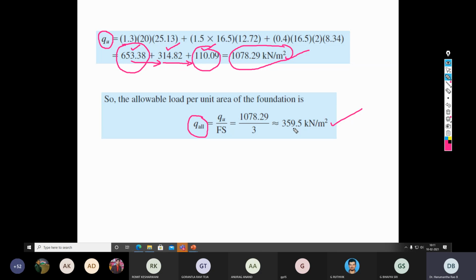Here, what do we mean by safe? If I apply this much stress on the soil, my settlement is within the permissible value, say 25 millimeter. So my settlement will not exceed 25 millimeter. That is the meaning of ultimate and allowable. Everybody should understand this.